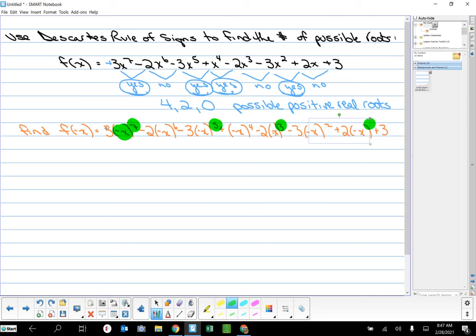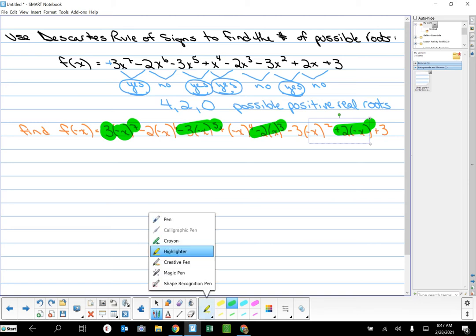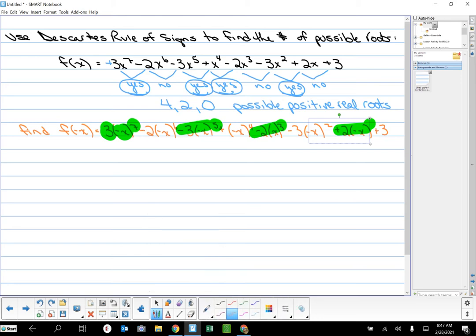So on every one of these terms, the sign will change on the front because of the negative being raised to a different power. The ones with an even exponent won't change, because a negative to an even power is positive, and a positive times a negative in this case is still negative. So anything with an odd exponent, you can kind of shortcut these. This whole thing is going to change signs.